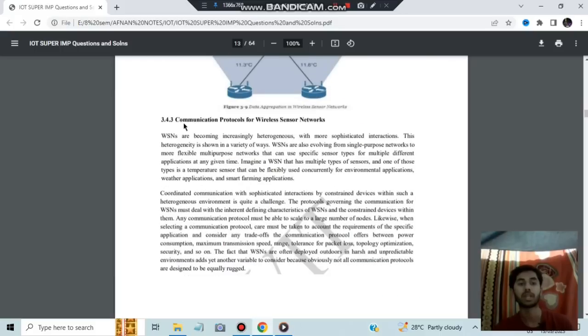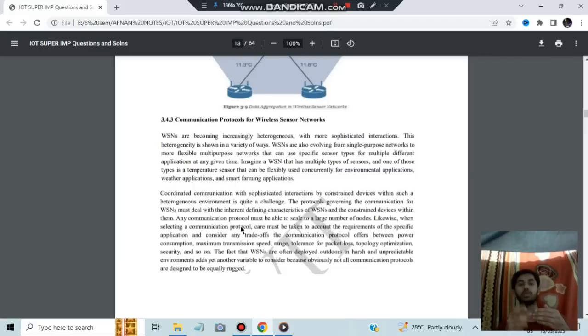And what are the communication protocols? The main concept they have asked in the question: WSNs are becoming increasingly heterogeneous, and there are many protocols being used, which are mentioned here. Any protocol we choose should satisfy the context of what we are trying to do. For example, if you want to transfer information in a fast amount of time, a protocol specific to that context will be used, like TCP.